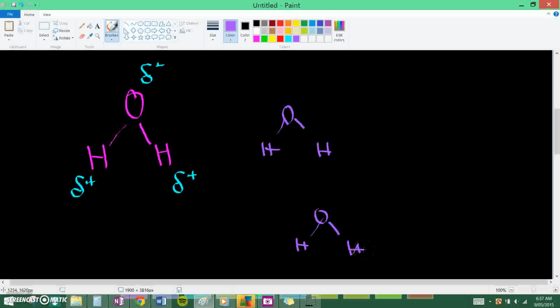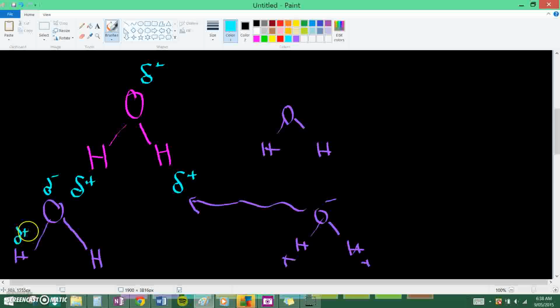What happens is it instantly, this negative, this positive, it makes its way to here, and it ends up looking like this. And see this right here? This is what we call a hydrogen bond, and that's why the surface tension of water is very high and it's able to keep its resistance because of these hydrogen bonds being everywhere.